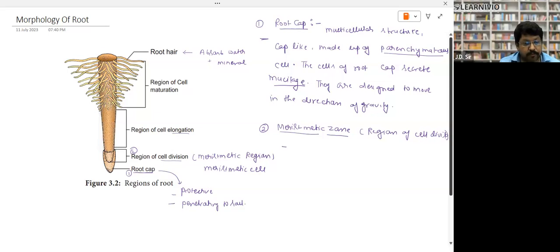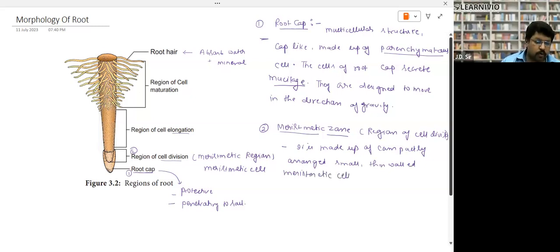It is made up of compactly arranged, small, thin-walled meristematic cells.